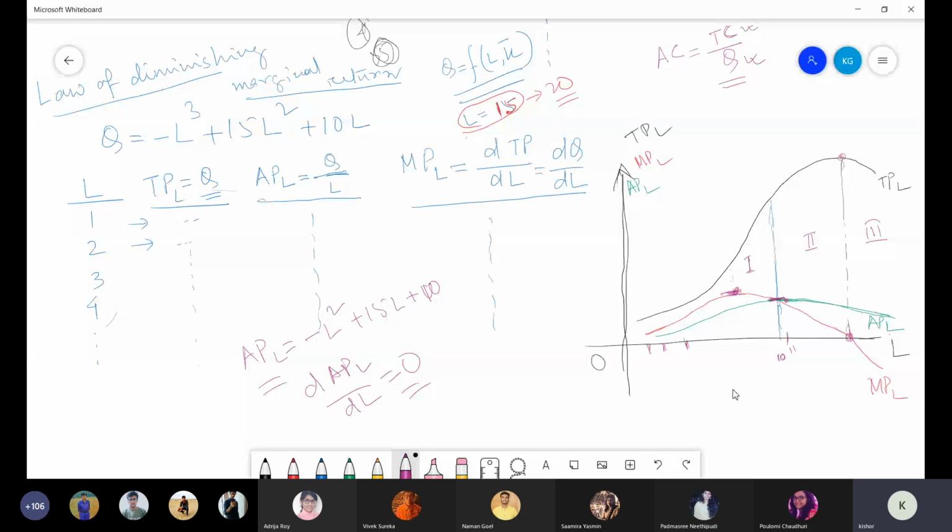So if you go for this one and equate it with 0, minus 2L plus 15 equals 0, means L equals 7.5. When you use L at 7.5 unit, your average product is maximum, that will be your exact production decision. Means this many units of labor you are going to use.